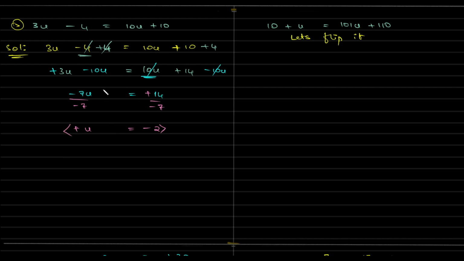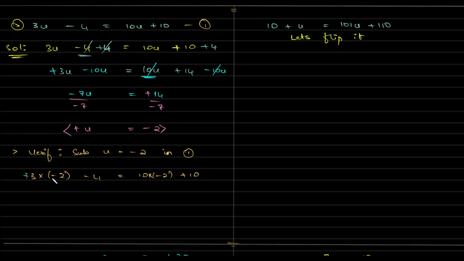Again, I think I have enough space to verify. So let's verify. Verification. Substitute u is equal to negative 2 in equation 1. So in place of u, I'm going to substitute negative 2. 4 is equal to 10 minus 3 into negative 2. Remember, this is 3u plus 10.